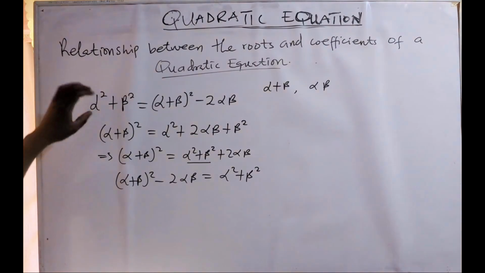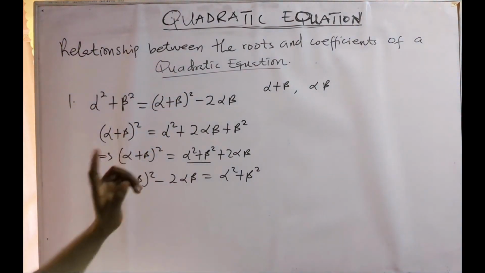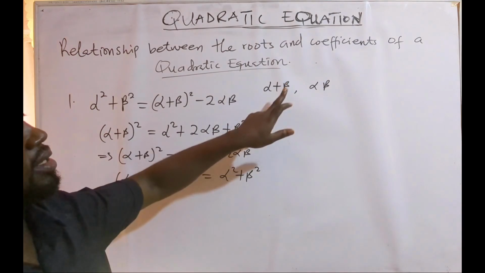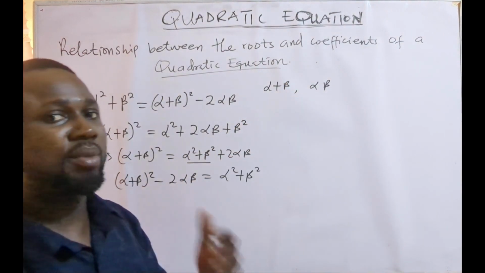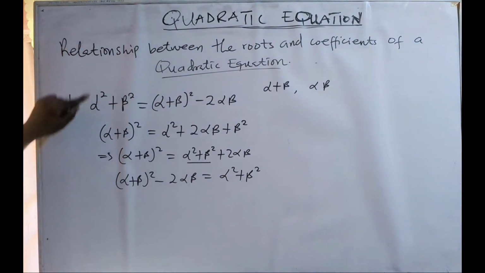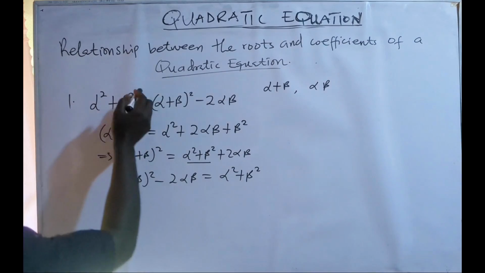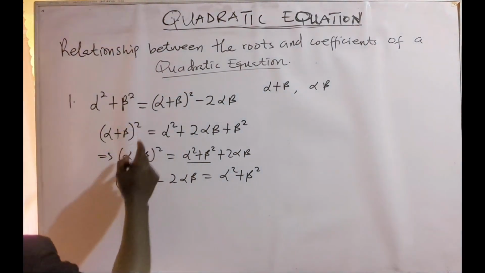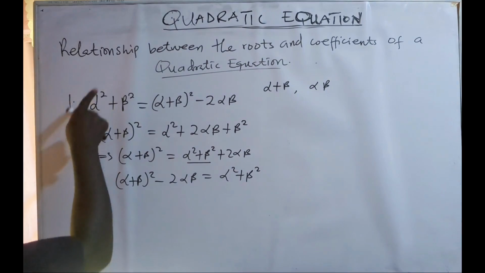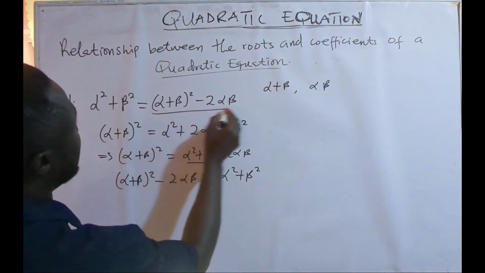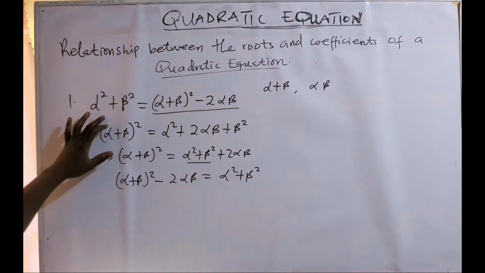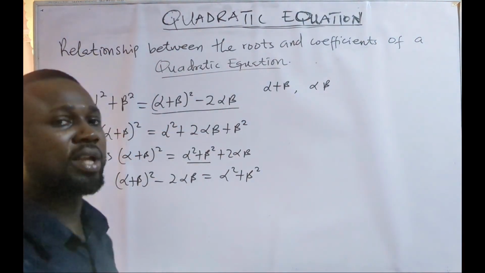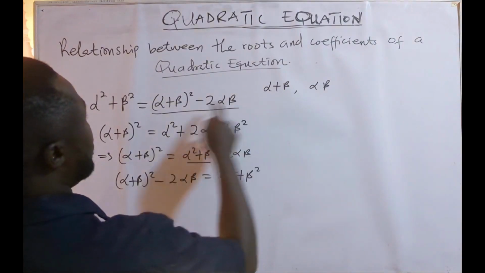Why are we expressing it this way? Because in the question, what I can get from a quadratic equation is the sum and the product. If the question asks me to find the value of alpha squared plus beta squared, I cannot find it directly because I don't know it. But from alpha plus beta all squared, I can get it. So alpha squared plus beta squared is the same as alpha plus beta all squared minus 2 alpha beta, so that what I have calculated, the sum of the roots, I will substitute here.